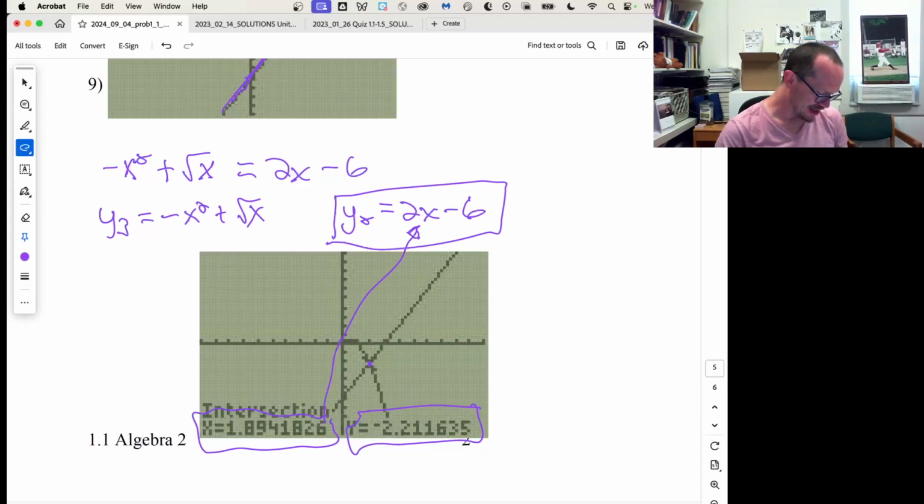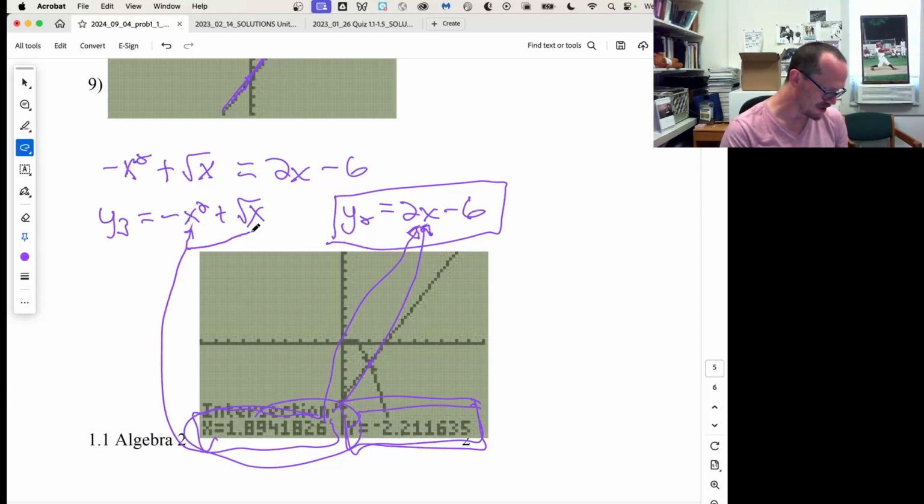If I take this right here and I plug it in for that x, I'm going to get out this number right here. What would happen if I took this x value and plugged it in for this x and for this x? Well, I'd have to use the calculator because I can't do that in my head. But I'd get out a y value that's exactly this right here.